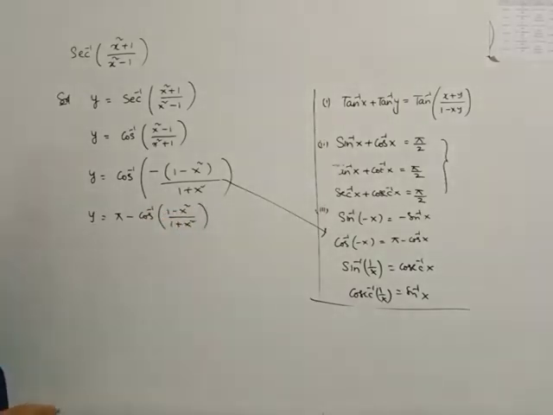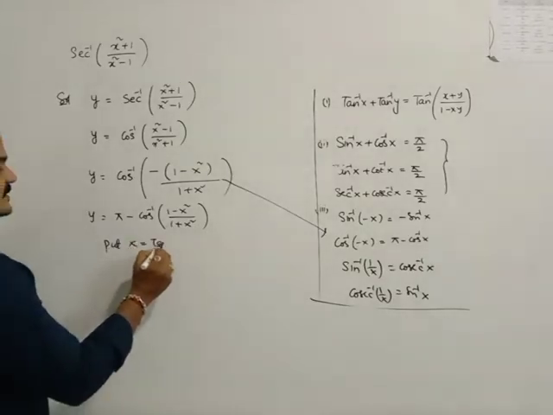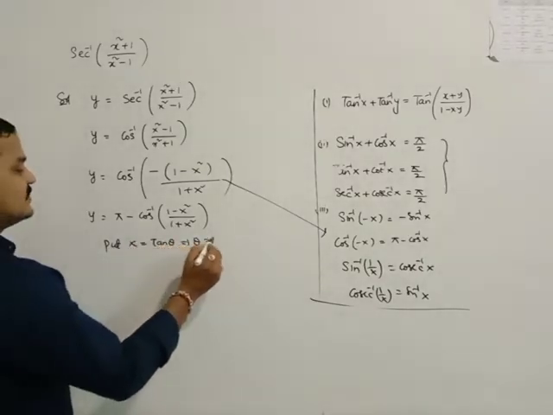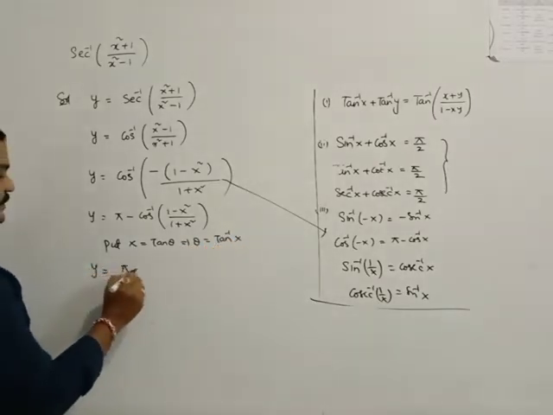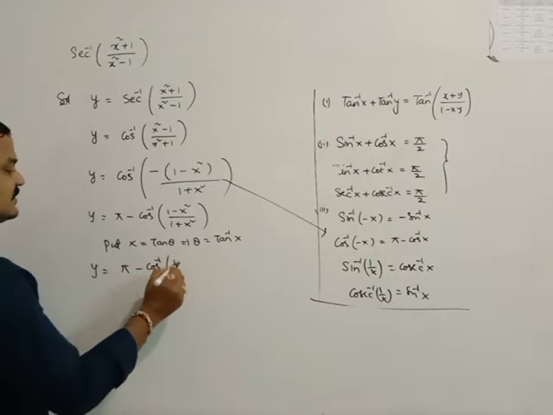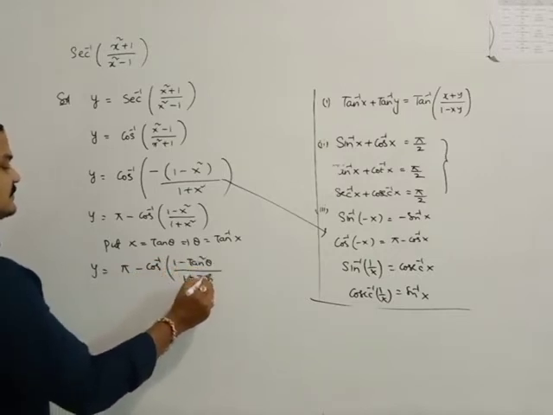Now you just go to the substitution. Put x is equal to tan theta, so theta is equal to tan inverse of x. Then it becomes y is equal to pi minus cos inverse of (1 minus tan square theta) by (1 plus tan square theta).